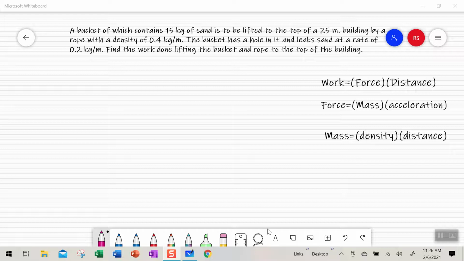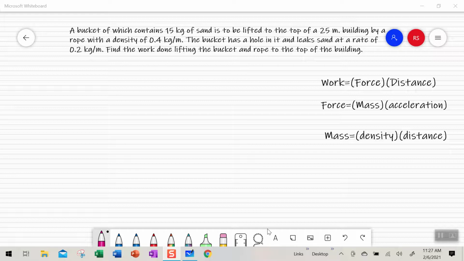Acceleration due to gravity is the gravitational pull, which is a constant. In this problem, that constant will be 9.8 meters per second squared. And then finally, mass, we've talked about, is density times distance. Normally mass is density times volume, but if we're just talking about one dimension, a one-dimensional volume, essentially, we can think of as distance.